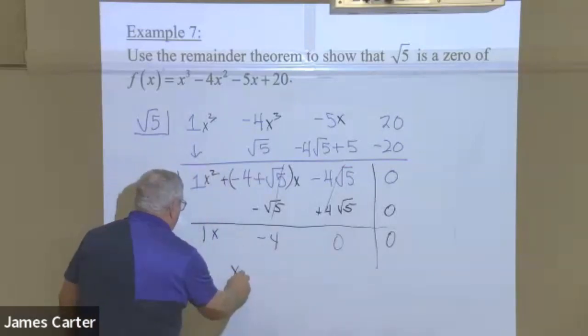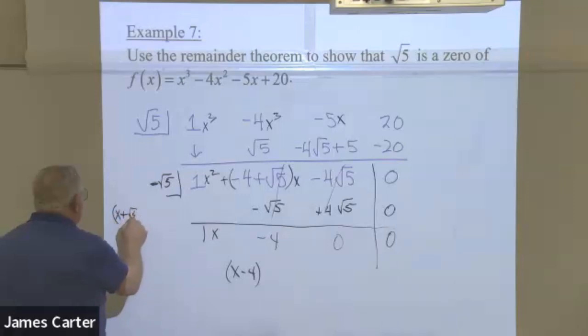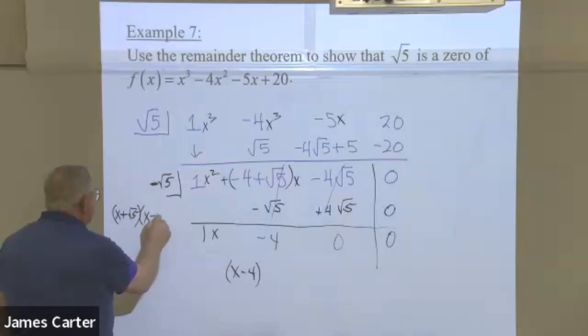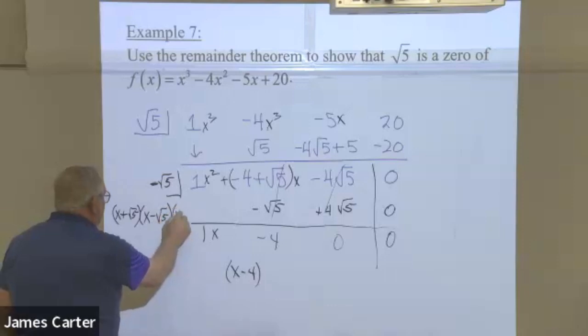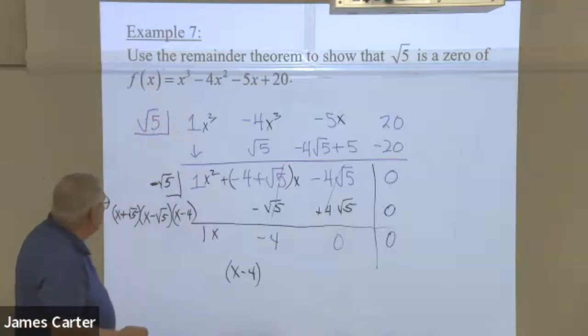So if I've got x minus 4, that's my last factor. I told you I had 3 factors. I had x plus radical 5. I told you that I had x minus radical 5. And now I have x minus 4. Those are the 3 factors of this third degree equation.